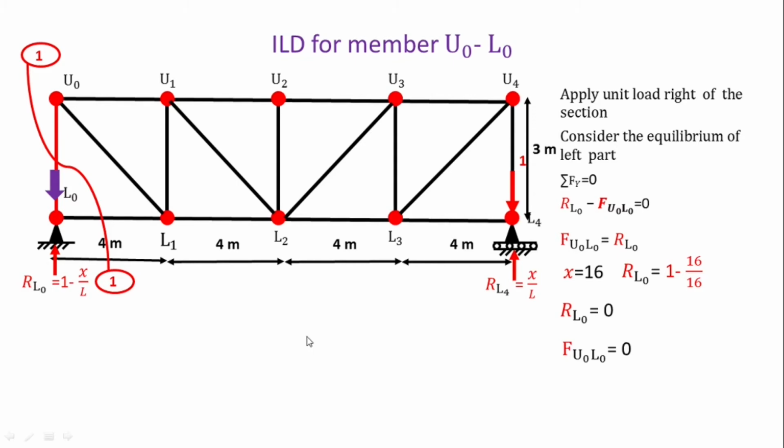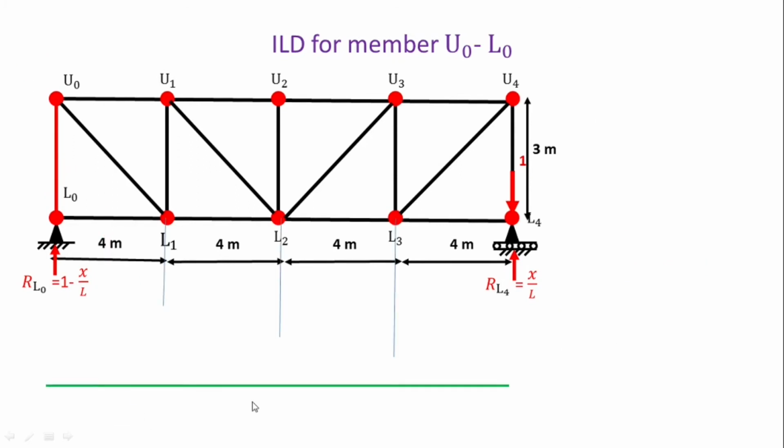Now in this way we got all the ordinates of the ILD when the unit load is at L0, then L1, then L2, then L3, and finally on L4. So draw the line equal to the length of the truss. X equal to 0, ordinate is 0. X equal to 4, 0.75 in compression.